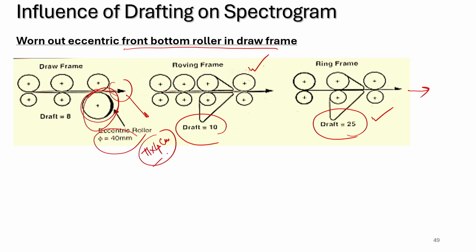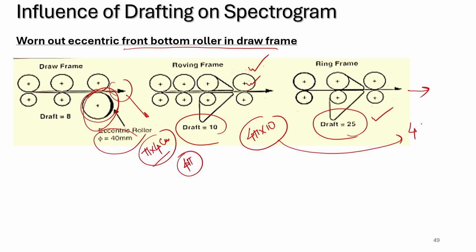The wavelength is 4 pi, and in the roving frame it will be 4 pi multiplied by 10, as the fault is stretched 10 times. In the ring frame the same fault will be stretched to 4 pi multiplied by 10 multiplied by 25.